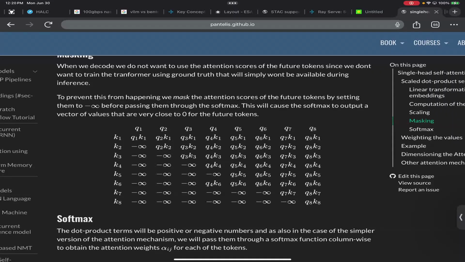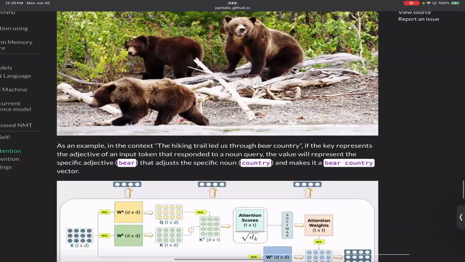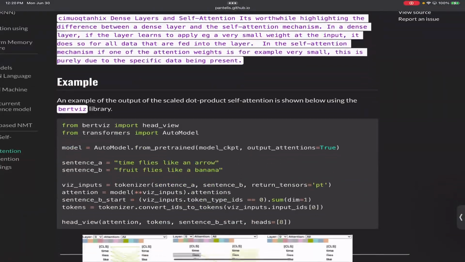So that's a simple way of taking care of that. That's basically what's called masking. And therefore, the full name of the attention mechanism is the masked multi-head self-attention.